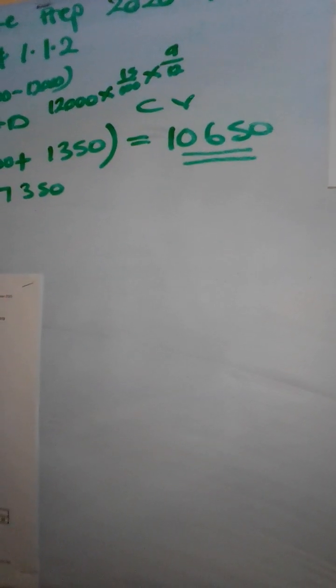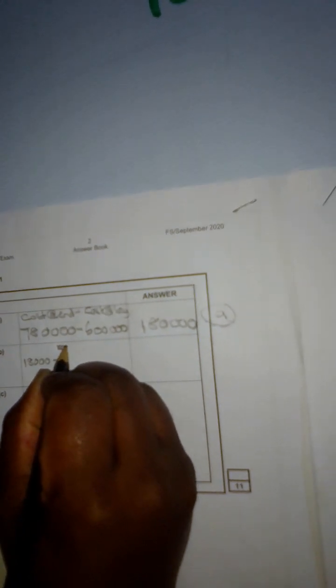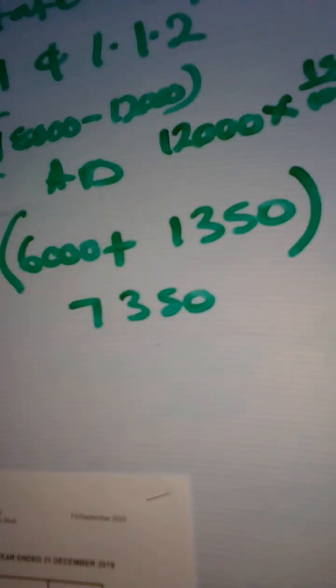So this is how we are supposed to show our calculation, but it's like I've already done everything. Here you're supposed to say 18,000, the cost price, minus, remember I said we had 18,000 minus 12,000 to get the 6,000 which I recorded here, and then we add the calculation that I did here, the 1,350, this side.